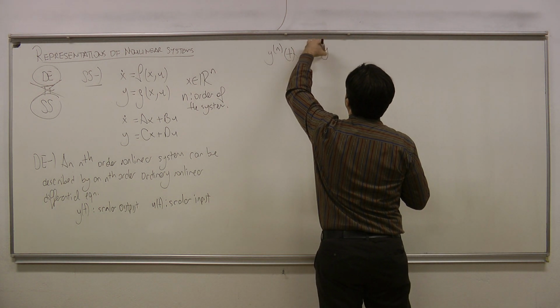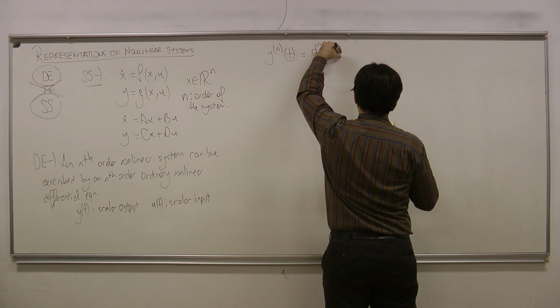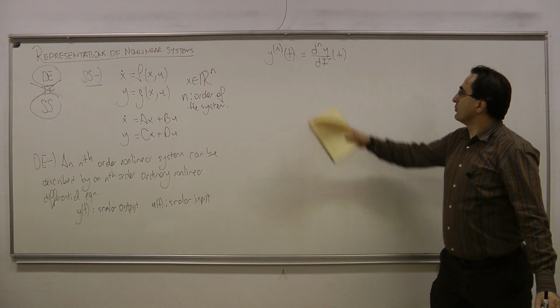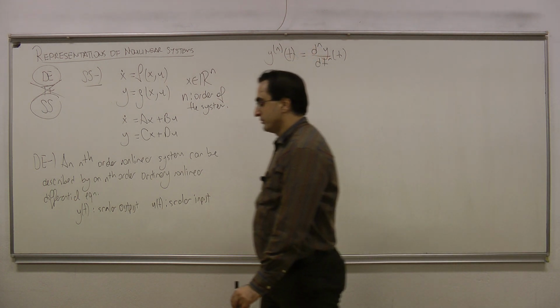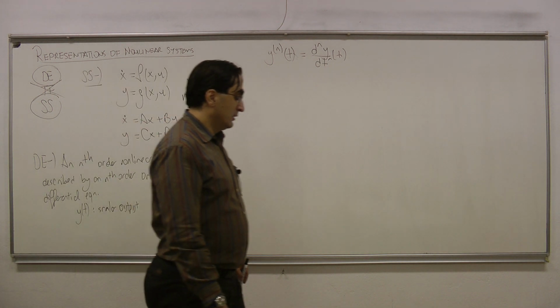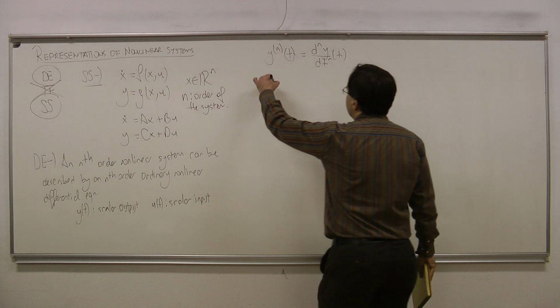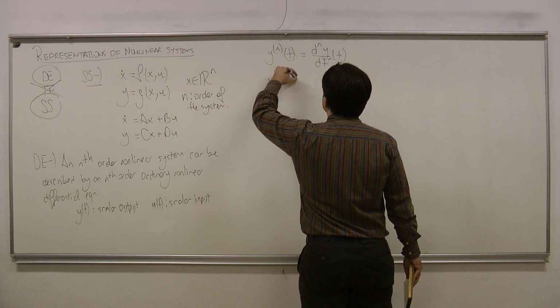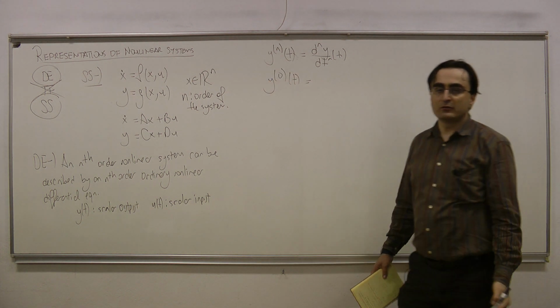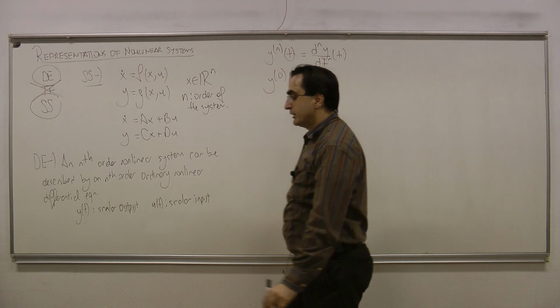This is d^n y over dt^n of t. Okay? This parenthesized superscript shows the nth order derivative of a function of time. And of course, the 0th order derivative just means no derivative at all. So I have here y of t.